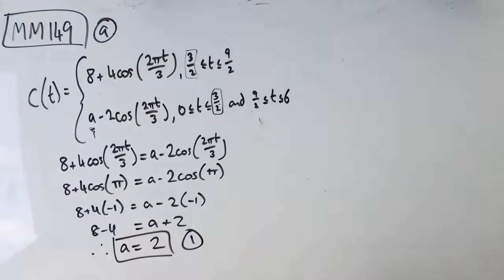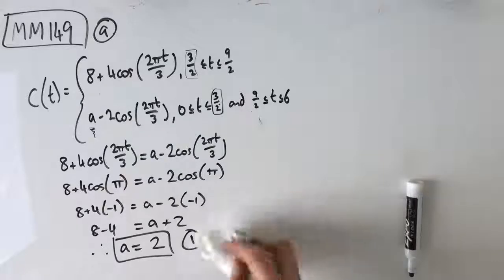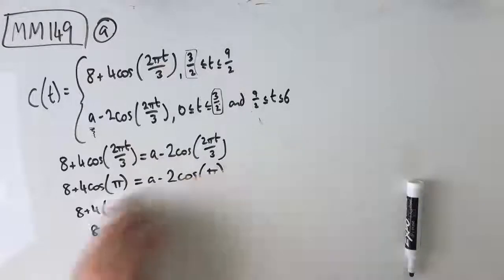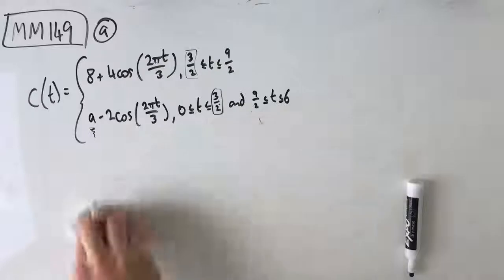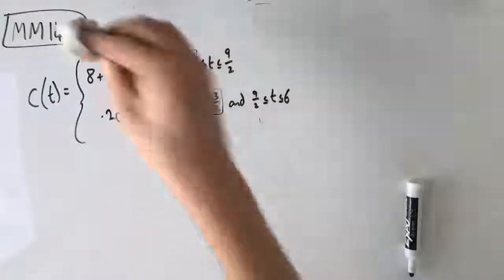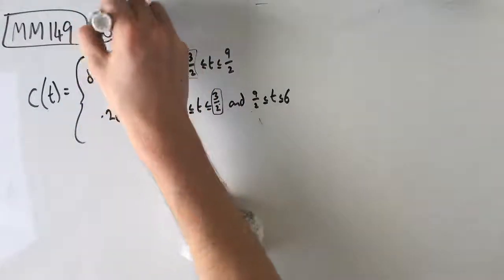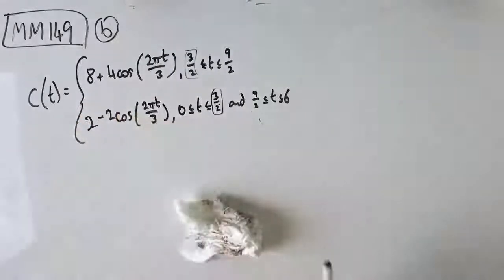Awesome. What we're going to do now is actually sketch the graph of C versus t. Let's maybe just clear a bit of space here. Yeah, let's get rid of this. So we know that A is equal to 2, so I'm going to replace that with a 2, and we're now on part B. So 2 minus 2 cos.